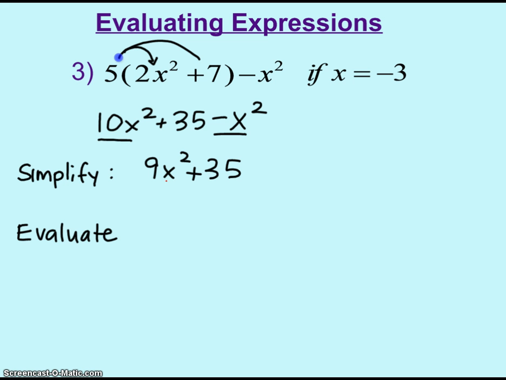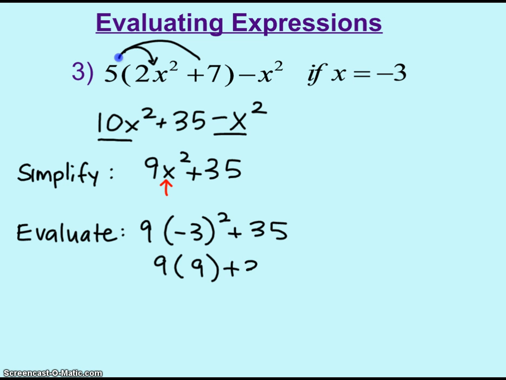So I'm going to go 9 times -3 squared plus 35. Order of operations tells me I'm going to square the -3 first. So really what I'm looking at is 9 times +9 plus 35. 9 times 9 is 81 plus 35. Final answer is 116.